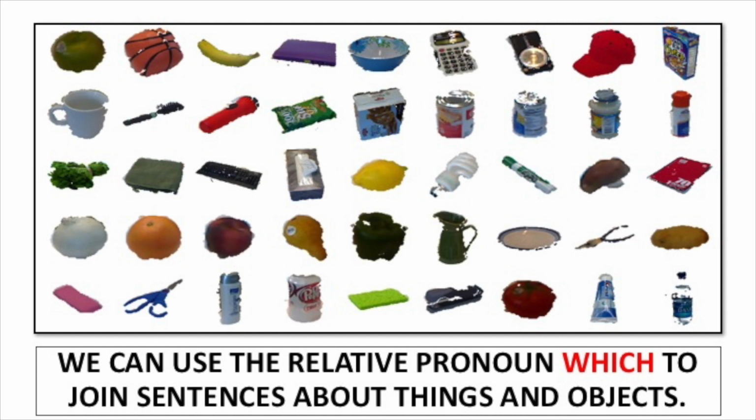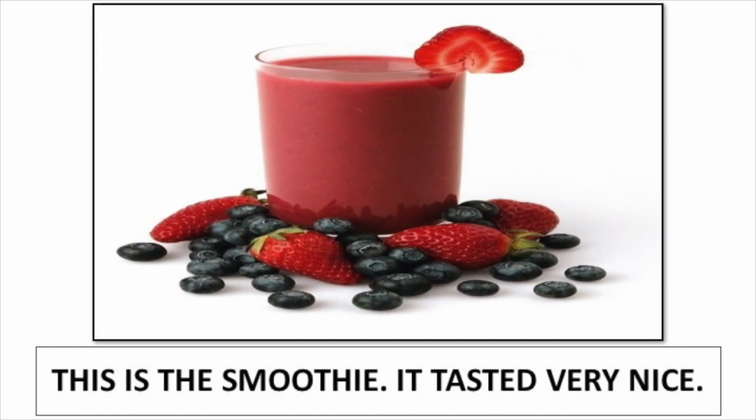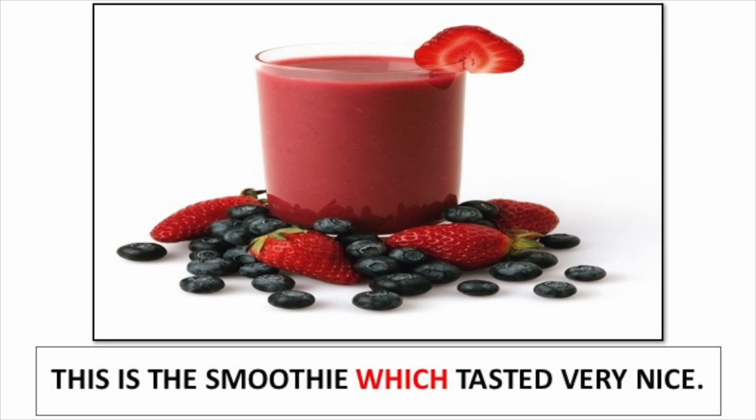Things and objects, we use which. Exactly the same way, but which instead of who. For example, this is the smoothie. It tasted very nice. Two small sentences. But if we drop it and replace it with which, this is the smoothie which tasted very nice.